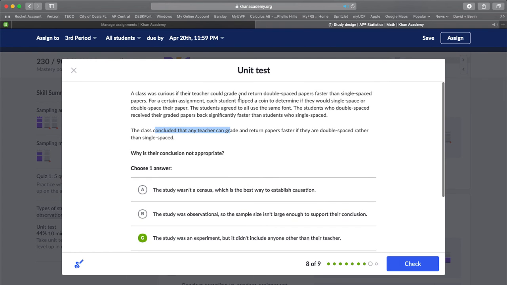So again, it's really tricky wording here. It's their teacher versus any teacher. If your sample only includes one teacher, you can't generalize to all teachers. Even if they generalized to all their teachers in their high school, technically they couldn't generalize to any teacher because that's not a proper sample.